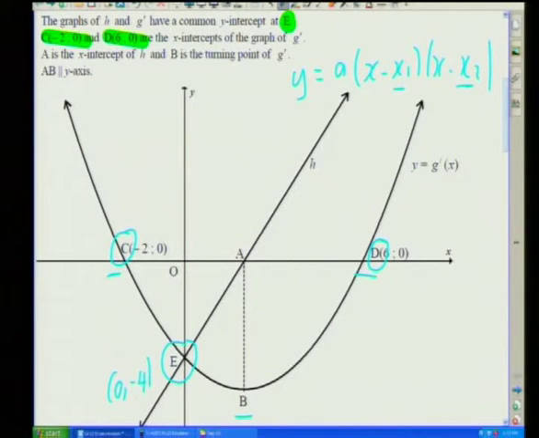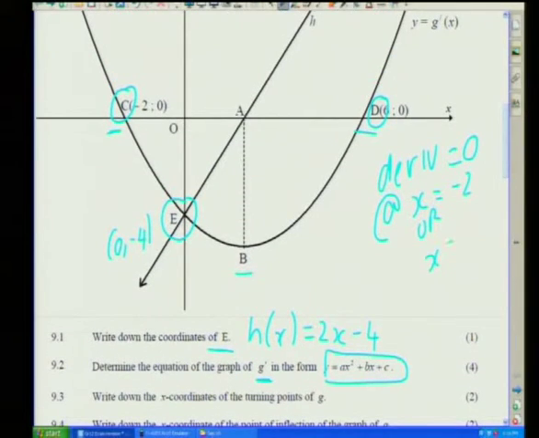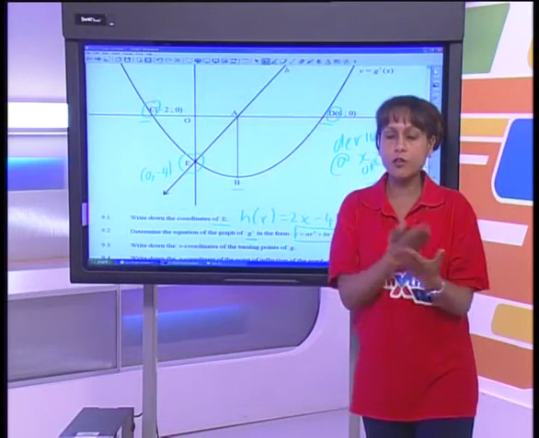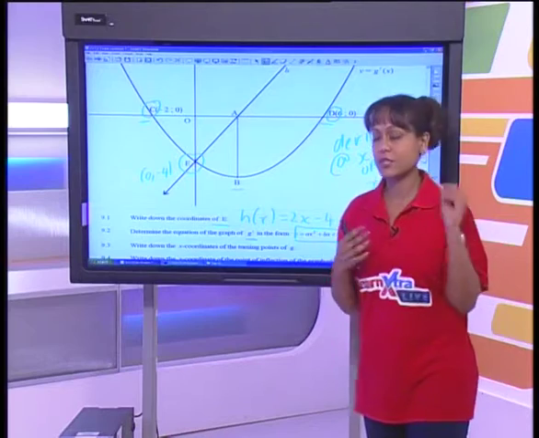So in other words, the derivative is equal to 0 at x is equal to minus 2 or at x is equal to 6. Okay, so the derivative, because remember this is the graph of the derivative. So we're looking for where the derivative of the original graph is equal to 0, because where the derivative is 0, that gives us our turning points.